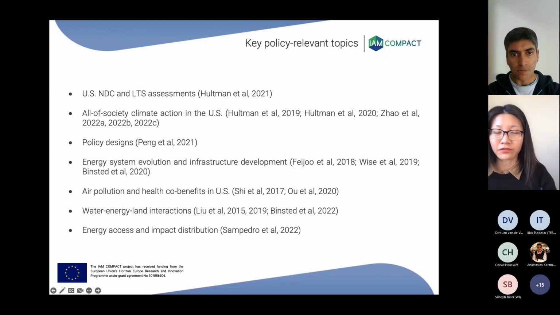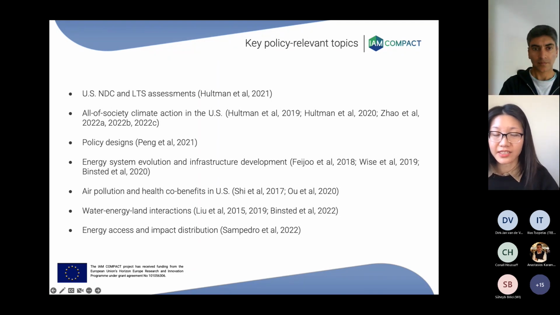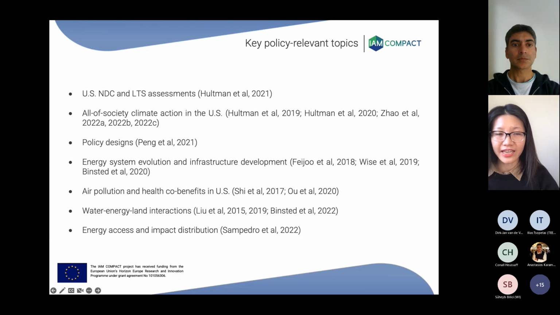Also, there's a special version with power system dispatch embedded within GCAM USA. And there are a lot of papers on air pollution and health co-benefits at the state level, and a very typical topic that IAMs look at, the multi-system dynamics of water, energy, and land interaction. There is a lot of work in that area.